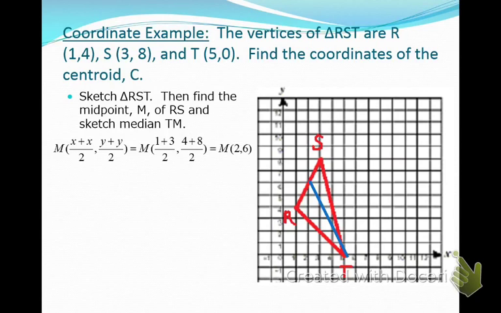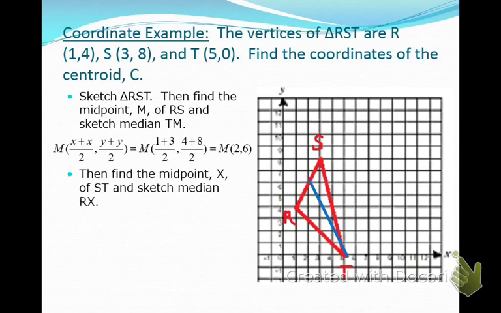All right, any questions there? Okay, so then we do the median for each side. So for the median for ST, the midpoint of ST would be 4, 4, and we would connect that point to the vertex, and then we would observe where the blue lines cross. They cross at 3 over 4 up. That's your centroid.